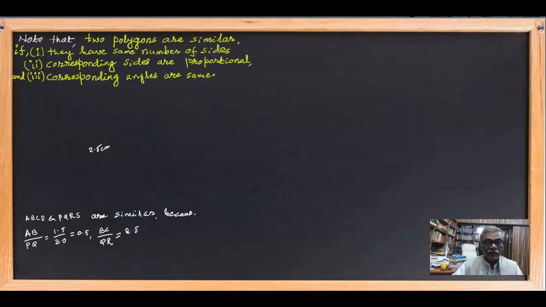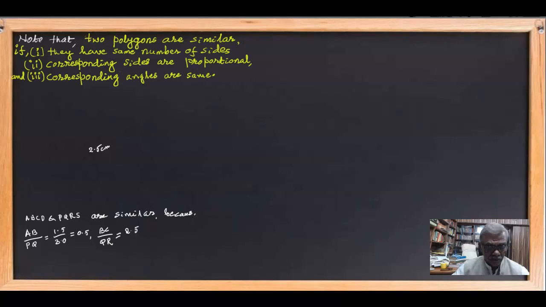Here we are going to define the similarity of two polygons. With polygon I mean any number of sides, n number of sides, and after the definition I am going to verify it through two examples.